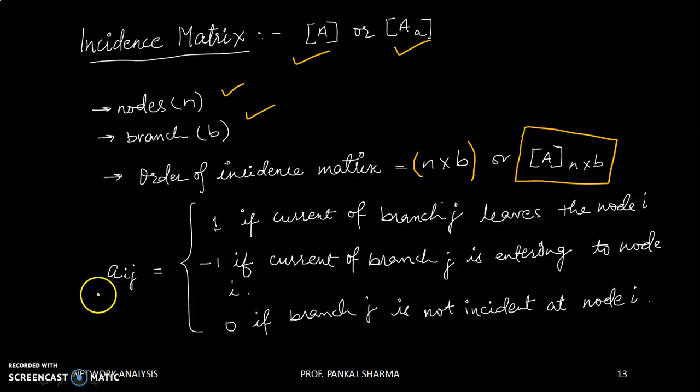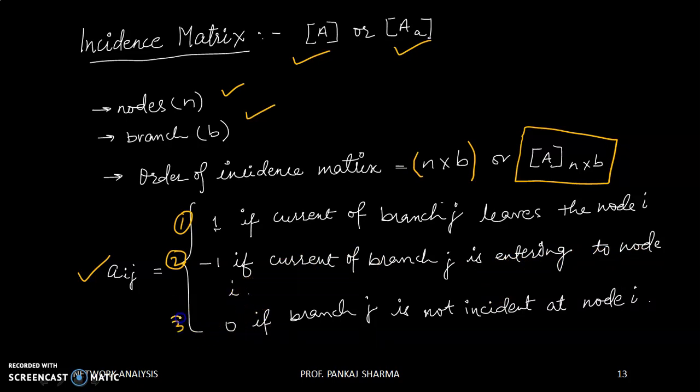The elemental definition of how it is formed is given by Aij equal to the first possibility: it would be 1 if current of branch j leaves the node i. Second possibility: it will be -1 if current of branch j is entering node i.